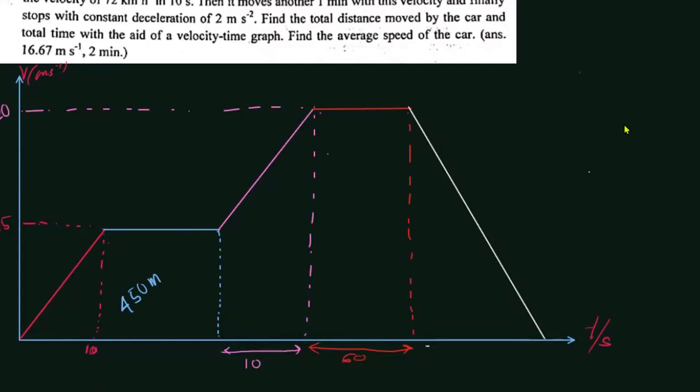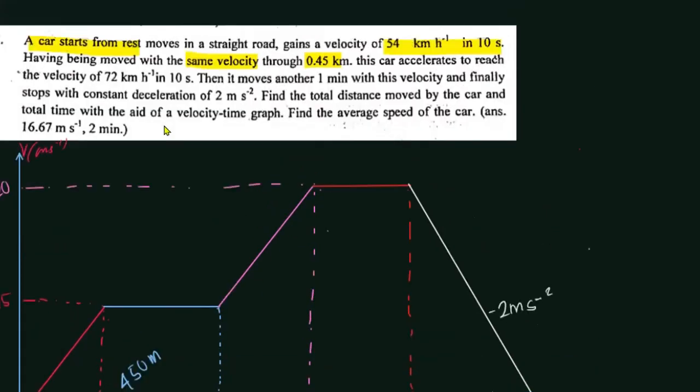The time taken is not known here. What is known is this constant deceleration is 2 meters per square second. Let's assume this is T2, and this time was not known. This was T1. Now, what do they ask?